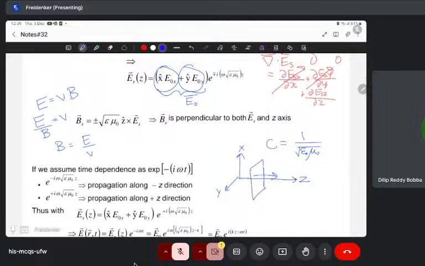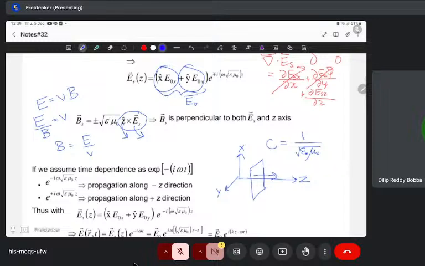My E spatial will only be in this plane. It has no z component. My B will be in a direction that is perpendicular to the direction of propagation as well as the electric field. So this will give me the direction.